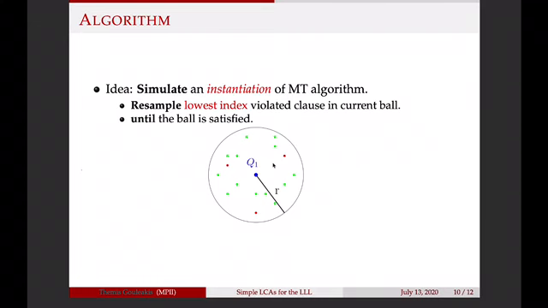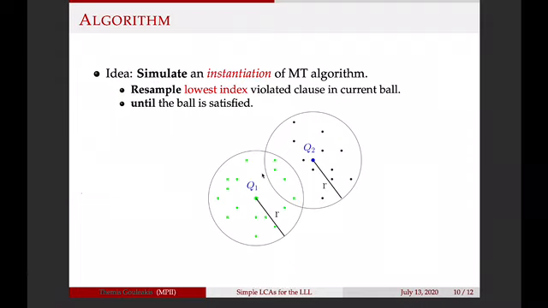The algorithm now proceeds by resampling the lowest index violated clause that only lies in the current ball that we focus on, of radius r around the first query. So eventually, by simulating the Moser-Tardos algorithm, all the clauses inside this ball will be satisfied, and at this point, the algorithm will output the current truth value for variable q1.